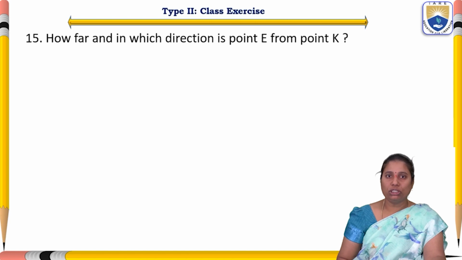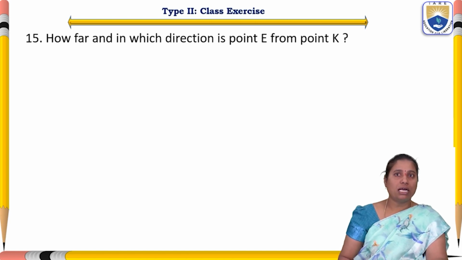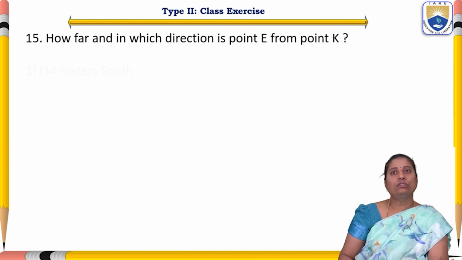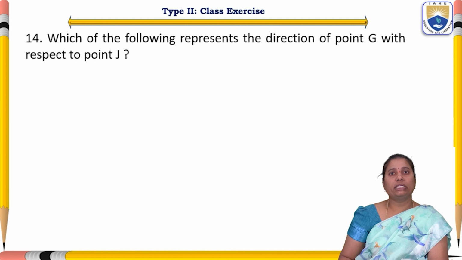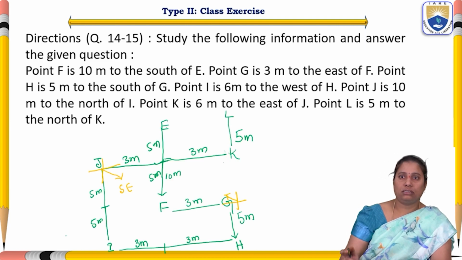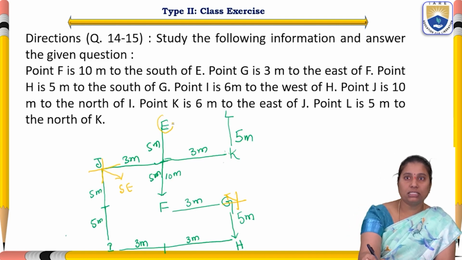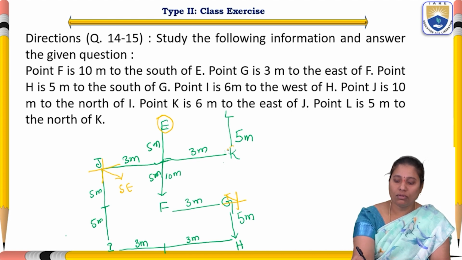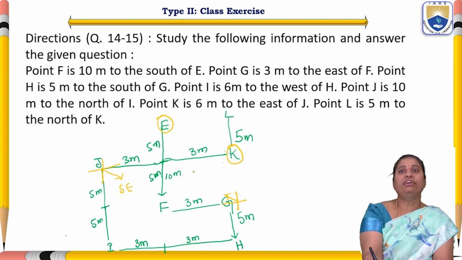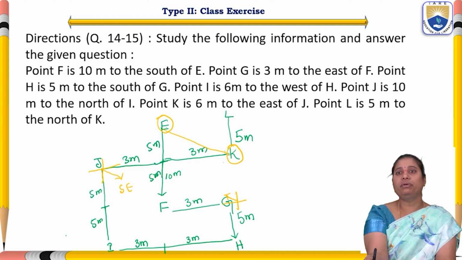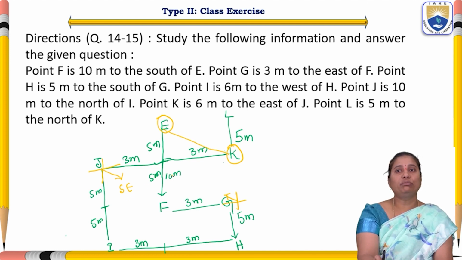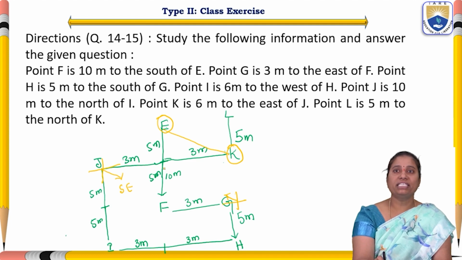And the 15th question: how far and in which direction is point E from point K? So for E to K, we need to calculate the direction as well as the distance. E is here, K is here. If we draw a line between E and K, we get a right angle triangle.